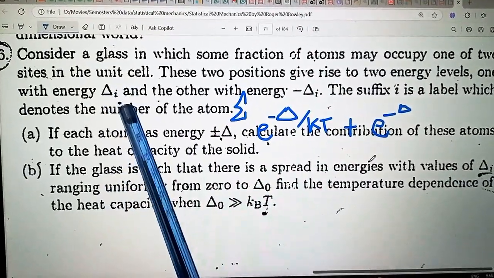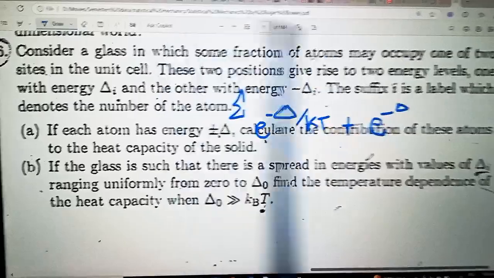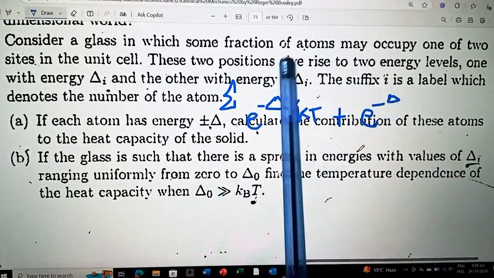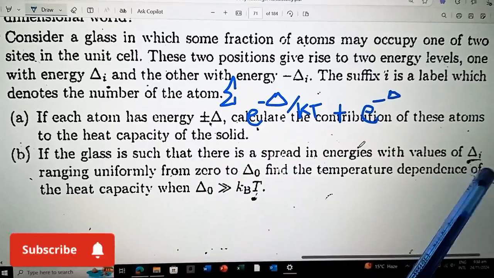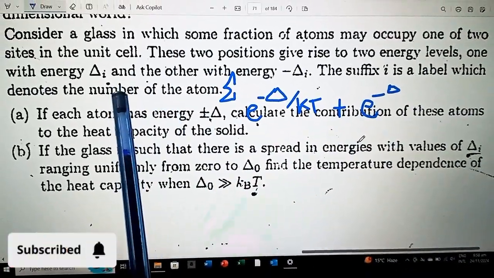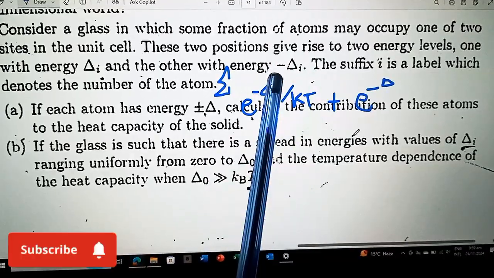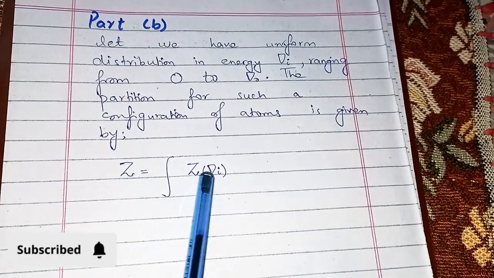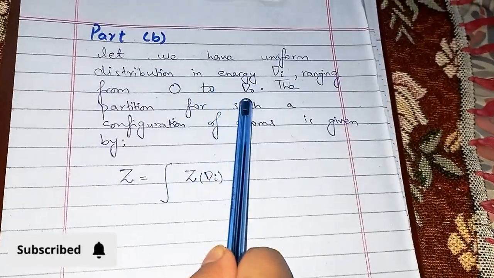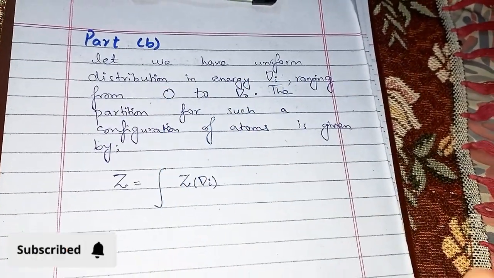So the atom could have plus delta I as a general distribution, or minus delta I as a general distribution. So there are two possible kinds of distribution the atom could have. We have to incorporate both of these possibilities, and that delta I could range from 0 to delta naught. That's something different.